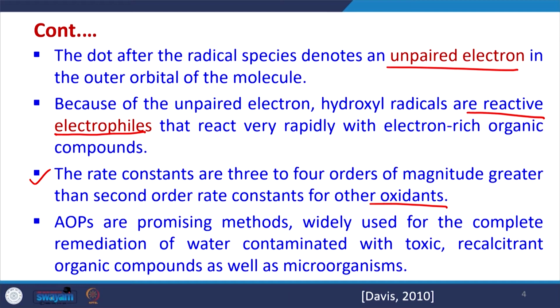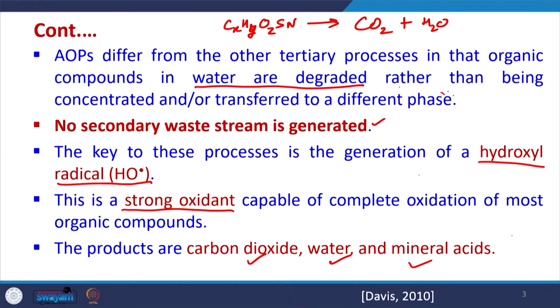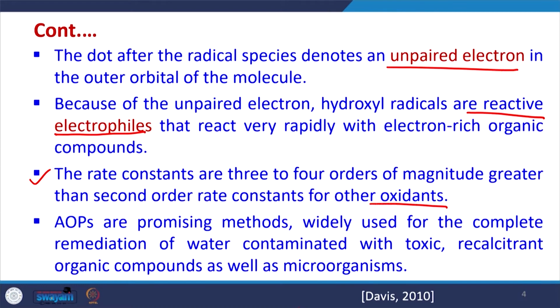So, there are many such radicals which may get generated in the advanced oxidation processes, and they oxidize most of the organic compounds present in the water into carbon dioxide, water and mineral acids, depending on whether nitrogen or sulfur is there. So, they may form some acids, otherwise everything will get converted into carbon dioxide and water.